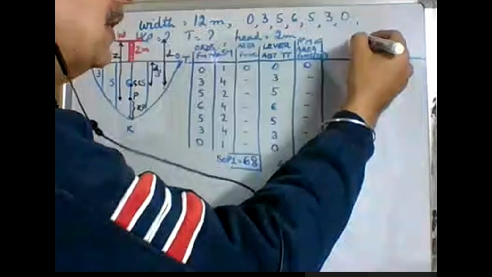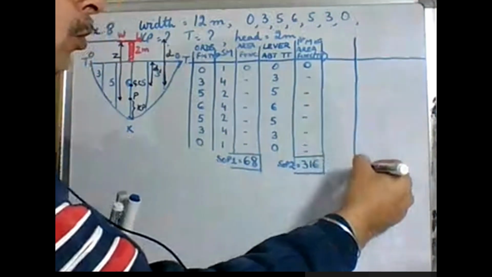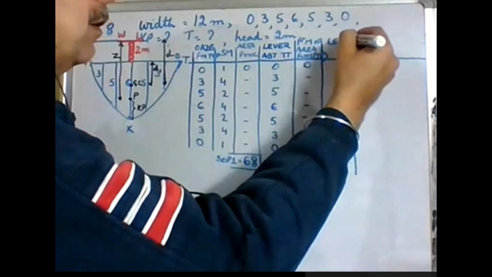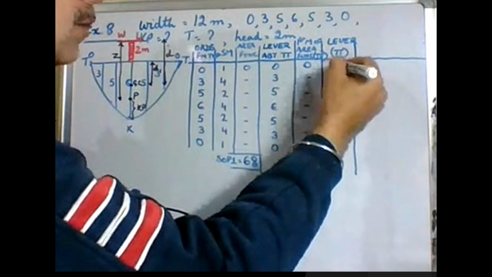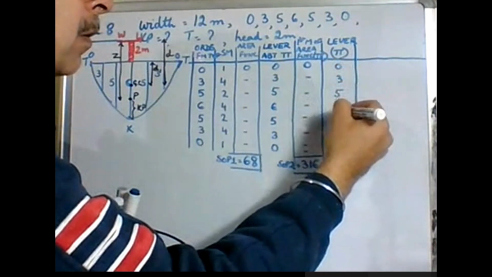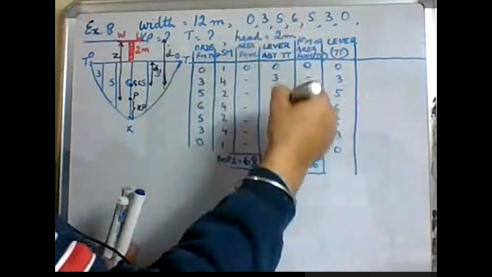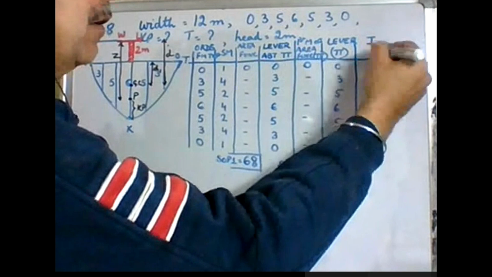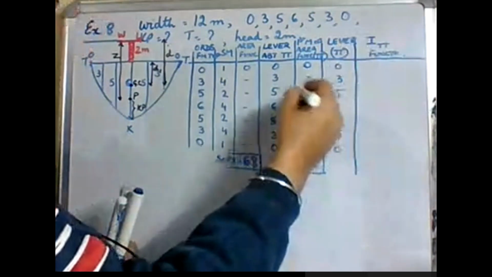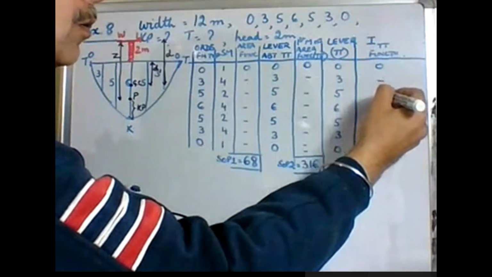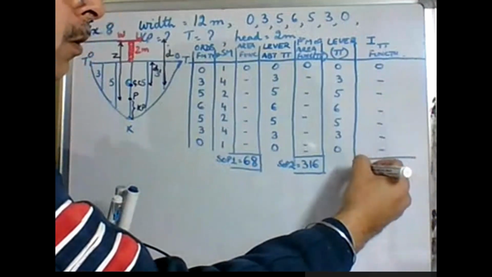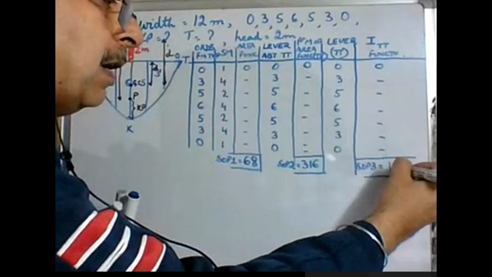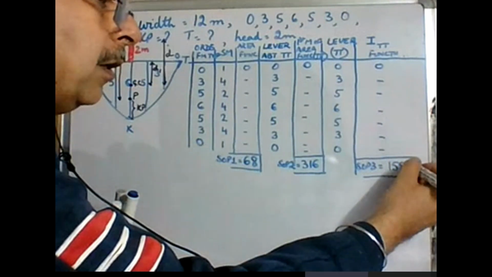Now I apply the same lever once again. So column number 1 is equal to column number 4 is equal to column number 6. One more lever about TT. I replicated it again. And if I multiply the first moment with the lever, what will I get? Moment of inertia about what? TT. ITT function. Multiply, and total it up, and that will give you SOP3. 1580. 1580.